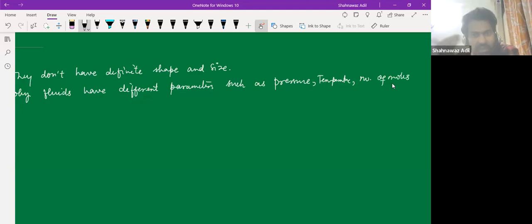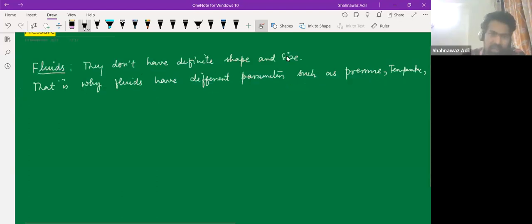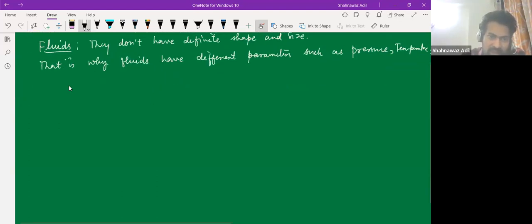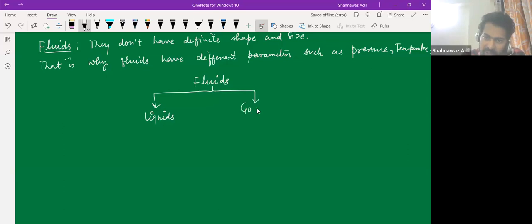Whenever we talk about velocity, we talk about the velocity of the system as a whole. Fluids can be liquids and they can be gases also.